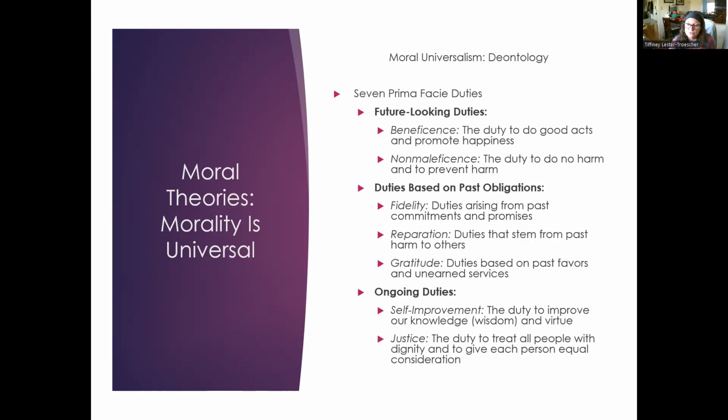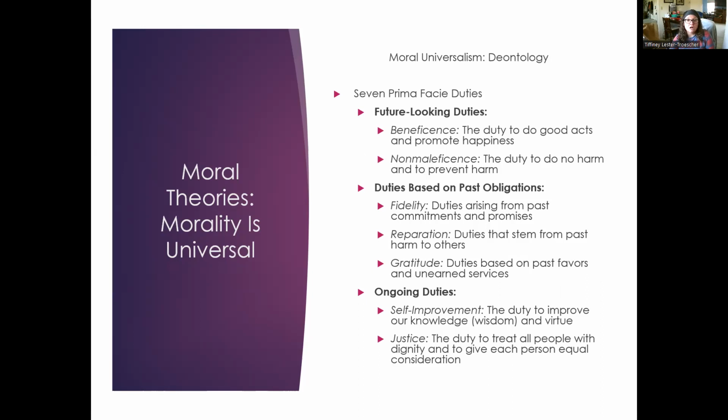All right. So we have what he calls the 7 prima facie duties. The first 2 are future-looking duties, right? The duty to do good acts and promote happiness, and non-maleficence, the duty to do no harm and to prevent harm.